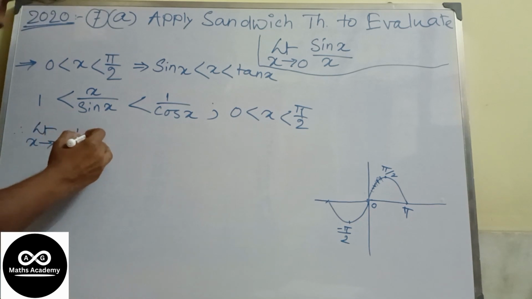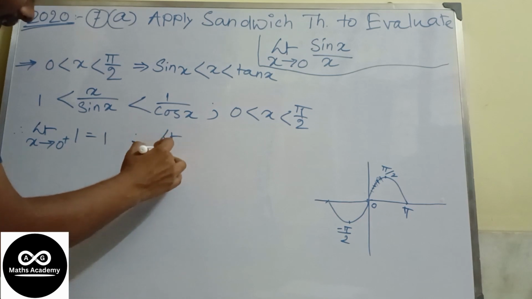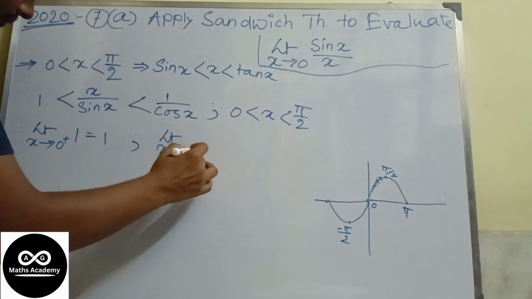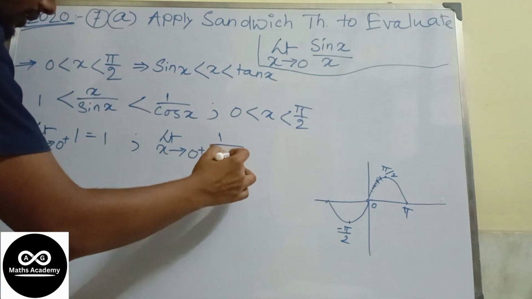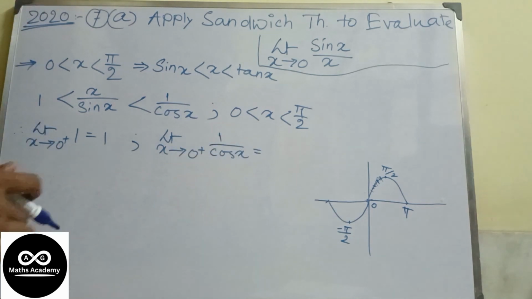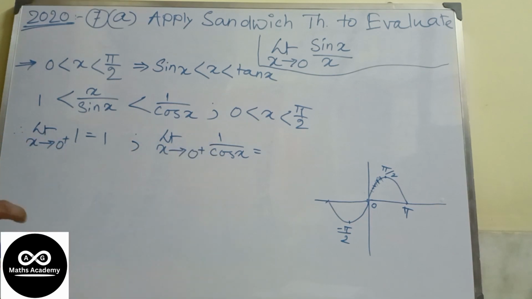As we have taken x greater than 0, the limit as x tends to 0 plus of 1 will be 1 obviously, and the limit as x tends to 0 plus of 1 by cos x, that means 1 by cos 0, will be 1.